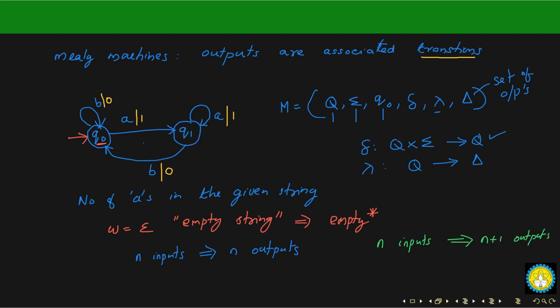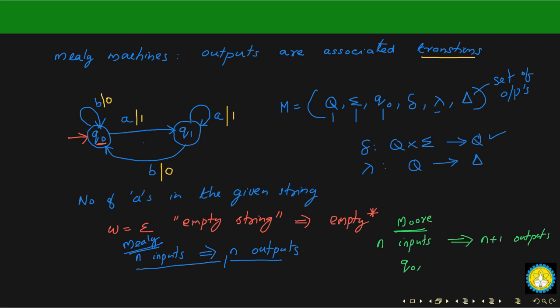So this was applicable for a Moore machine, whereas for a Mealy machine, if you give n inputs, you will get only n outputs. This is because you don't have a default output here. But for a Moore machine, you have a default output which is present at Q0.